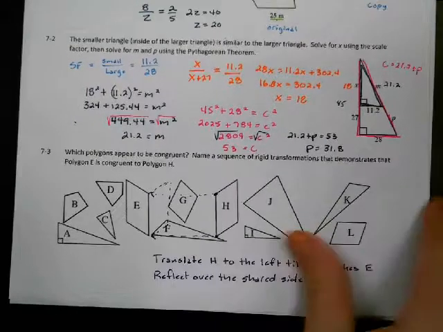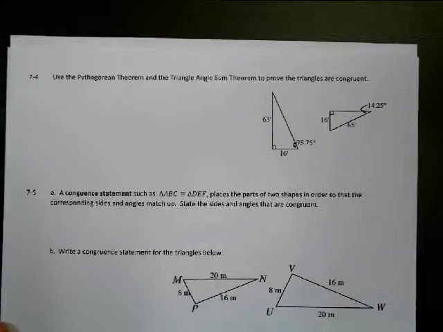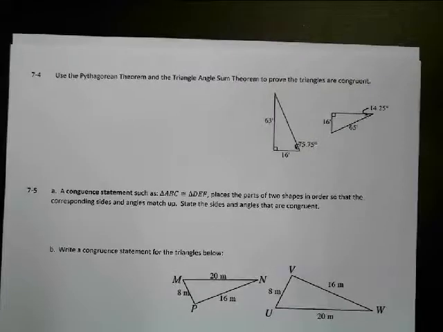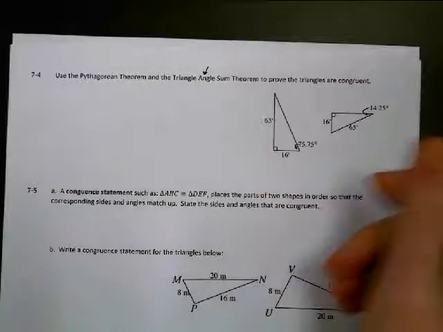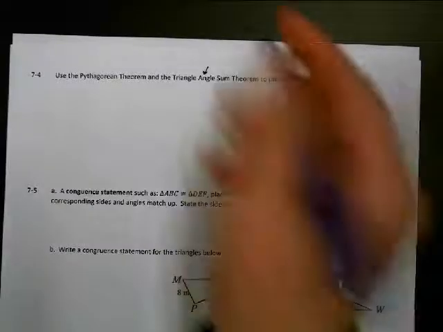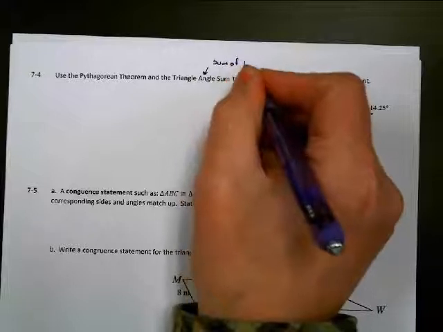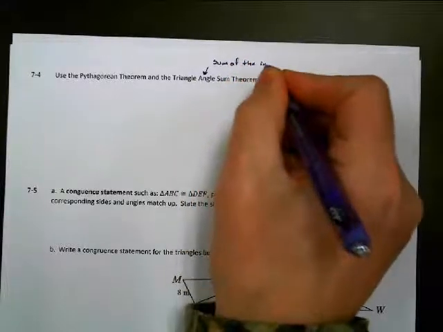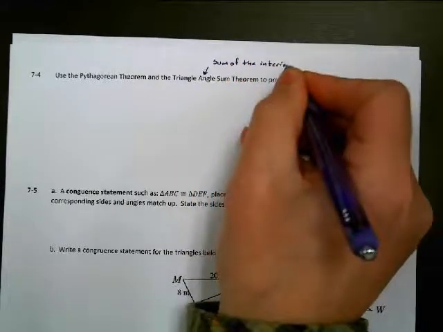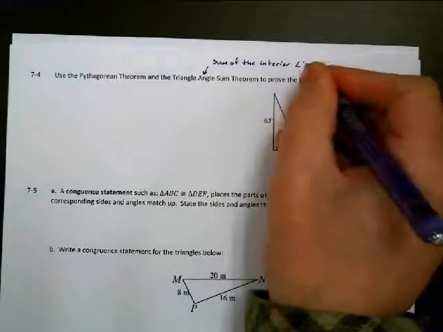All right, so we're going to use the Pythagorean Theorem and the Triangle Angle Sum Theorem to prove that the triangles are congruent. Now, the Triangle Angle Sum Theorem, if you haven't heard of this before, says that the sum of the interior angles of a triangle equals 180 degrees.